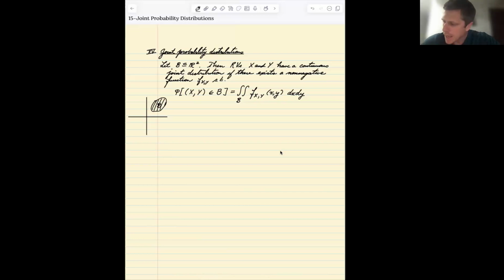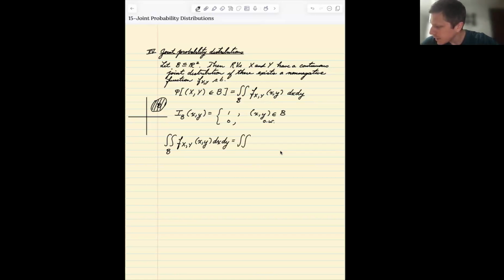If we define an indicator I_B of (x, y), this is a 1 or a 0: 1 if the pair (x, y) is in B and 0 otherwise. Then the double integral over B of the joint density can be written as an unlimited integral, from minus infinity to infinity on both x and y, of the function I_B of (x, y) times f of (x, y) dx dy.